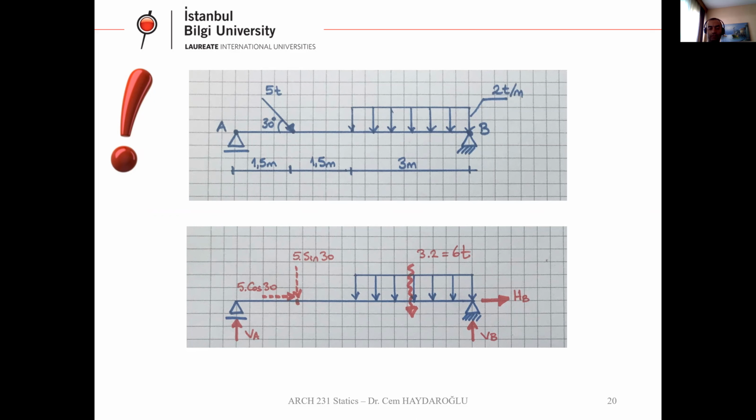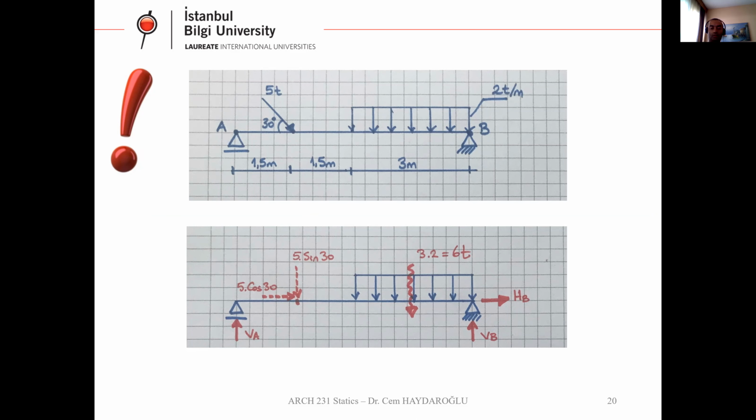In the first step, we are gonna resolve the inclined force into perpendicular components, and then we have a uniform distributed load that we are gonna convert to a concentrated load. And also we're gonna write the support reactions on the free body diagram.